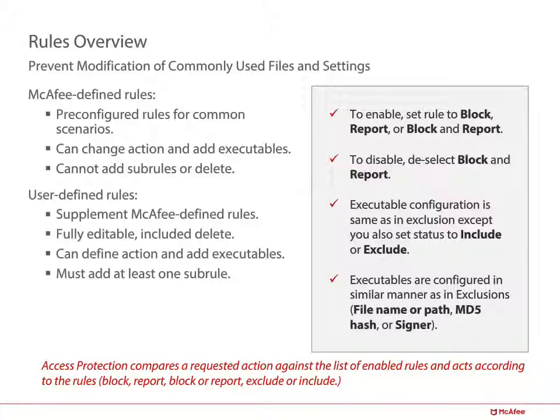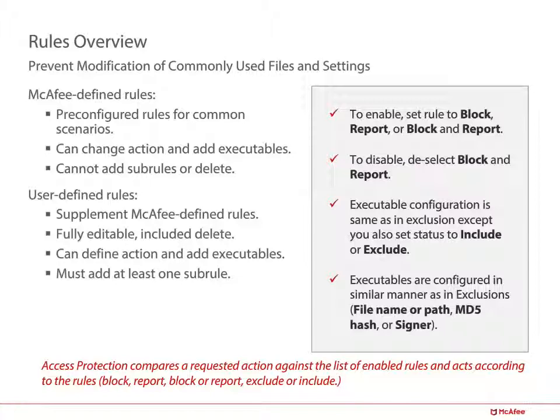You can delete them. You also have subrules within these rules that are supported. You have to have at least one subrule for each access protection rule that you create having to do with Windows systems. So if you want to see a list of all the access protection rules to implement, you can look at the document PD 25203 Combating Ransomware.